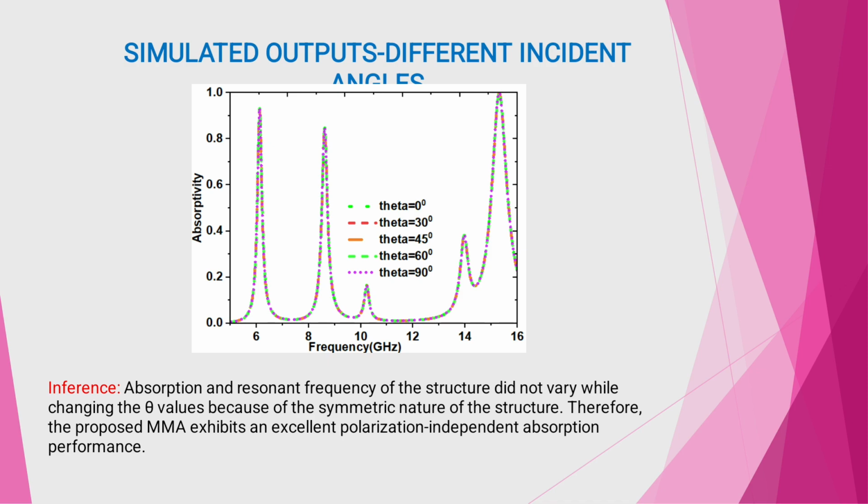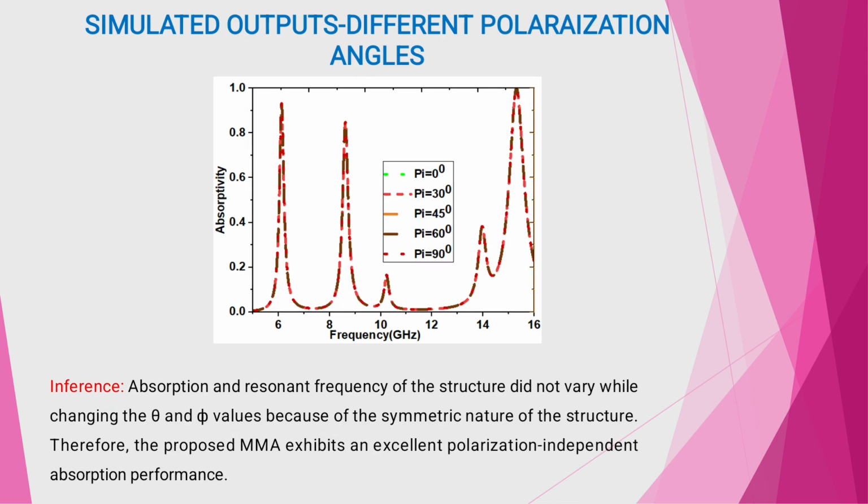This picture shows the theta value for different angle values. Theta is the incident angle. While changing the incident angle theta, the structure gives the same output for all the 3 frequencies, so it is polarization independent in nature. And this is a different polarization angle, phi. While varying the angle values from 0 to 90 degrees, the absorber gives the same absorption rate for the 3 frequencies.